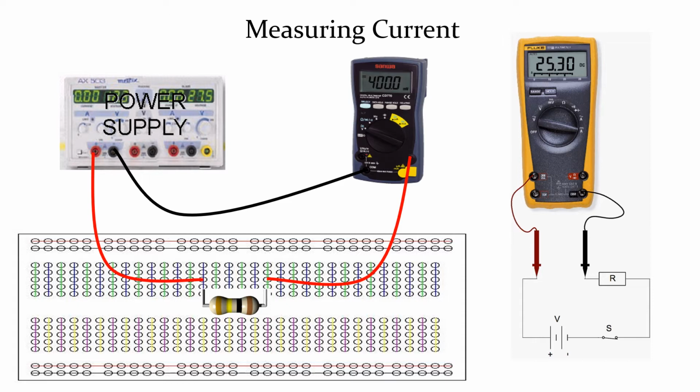The negative terminal of the multimeter connects to the negative terminal of the power supply. As in this figure, you can see that the multimeter is part of the circuit. This is the connection that you make on the breadboard.